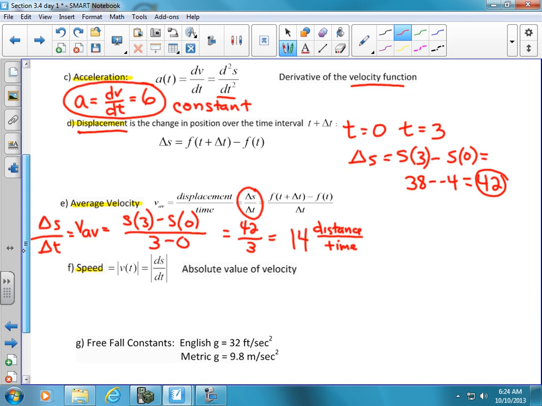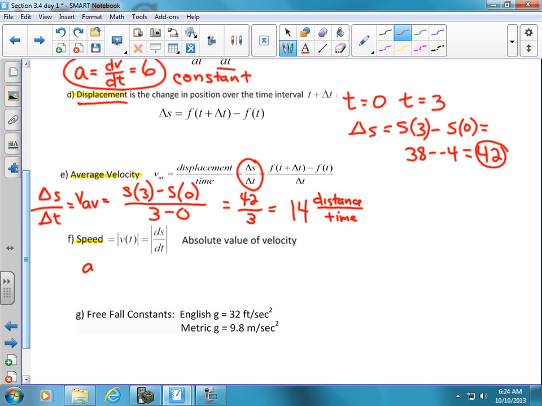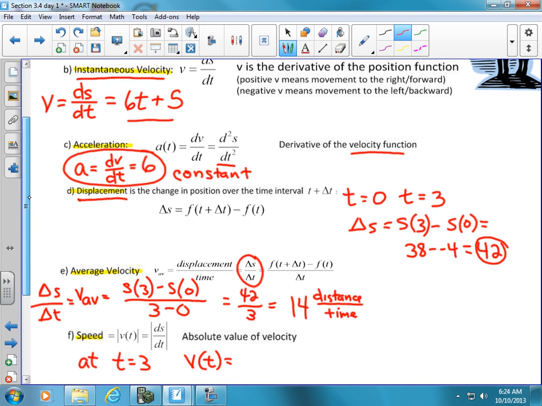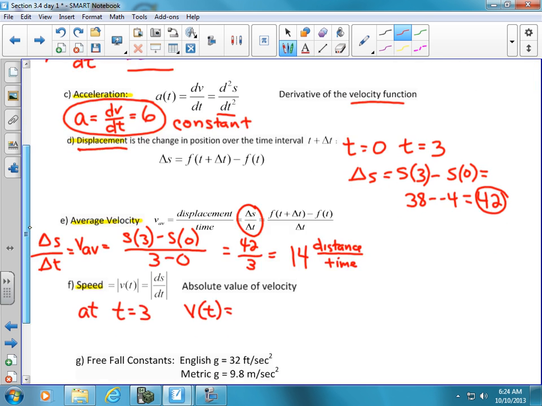And if we calculated at t equals 3, the velocity function we said, or dv dt, is equal to, ds dt is 6t plus 5.